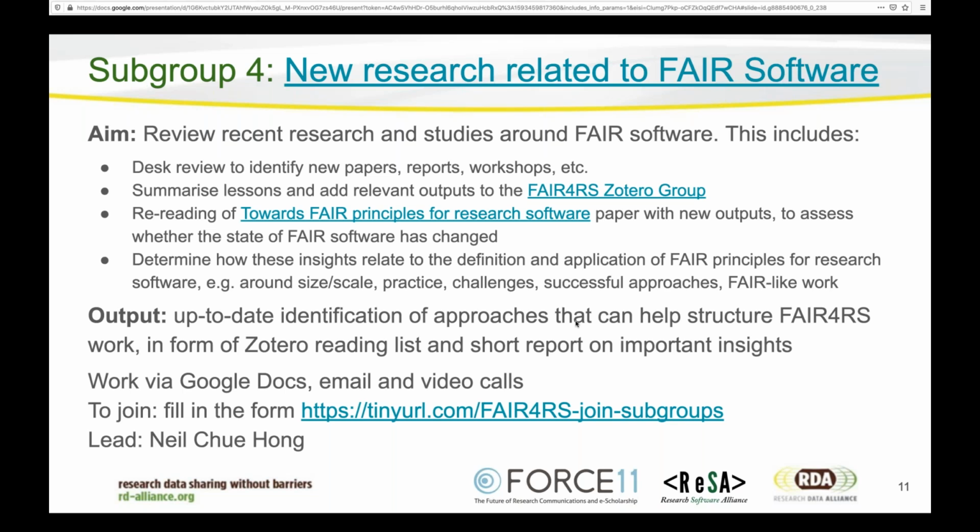What we'll be doing in this group is firstly undertaking a desk review, so gathering together all of the work that we know about, ensuring that this is collected and curated in one place.